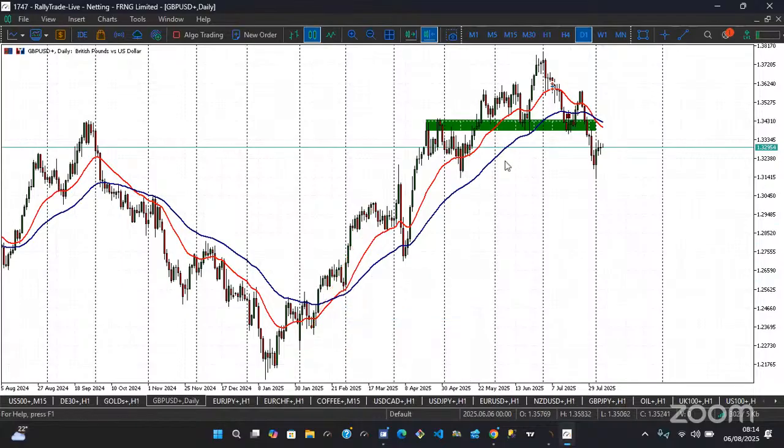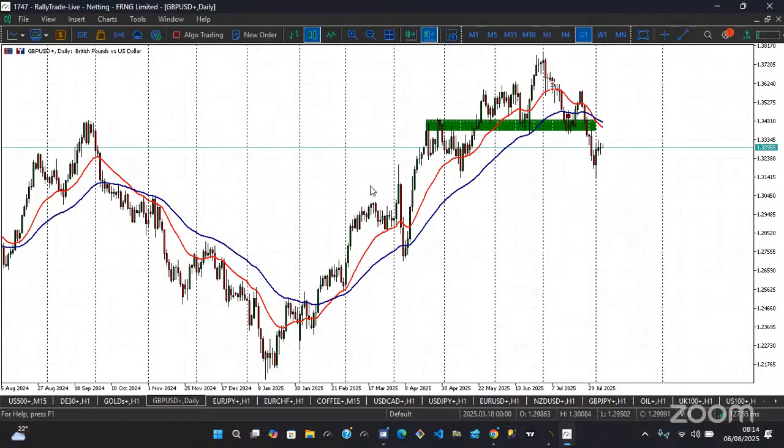That's your point of interest. I call it the break and retest. So when price is moving from your higher time frame, your daily, we're specific with the daily time frame. Just always mark out your daily time frame.